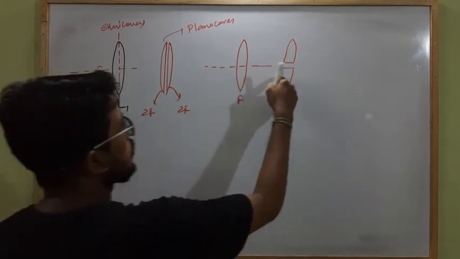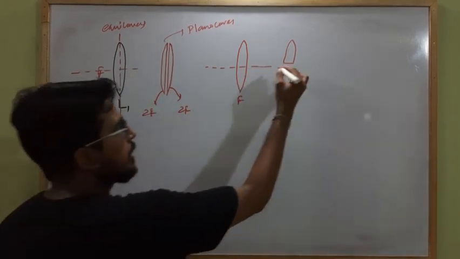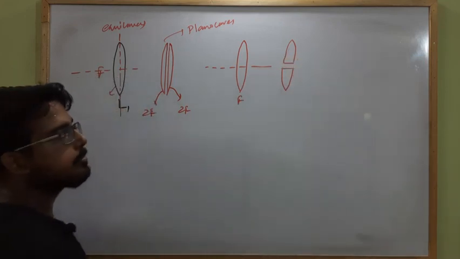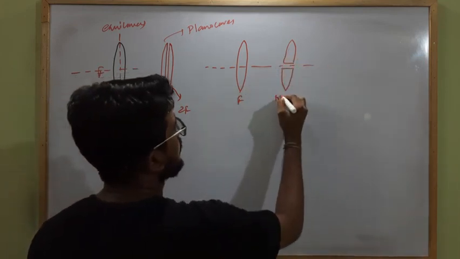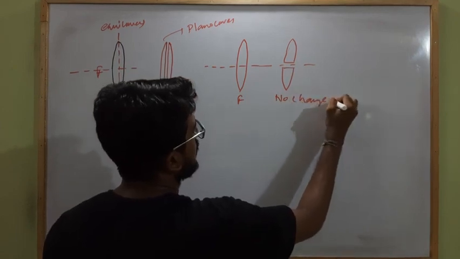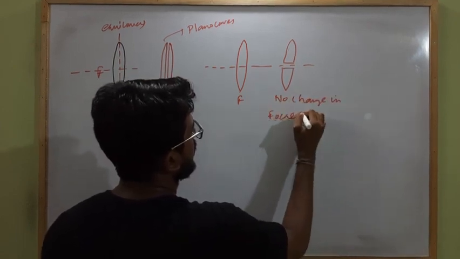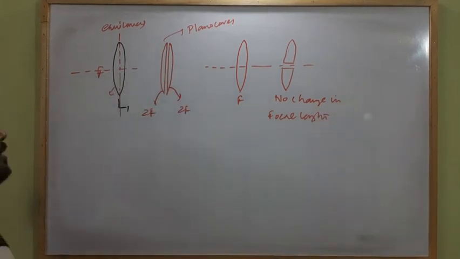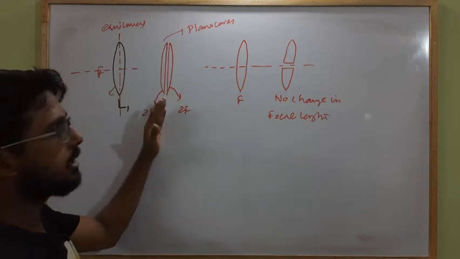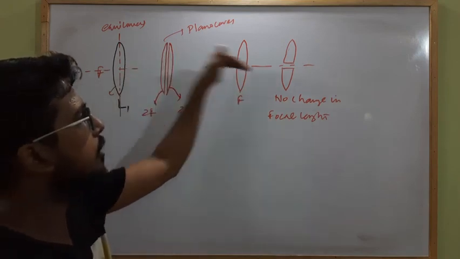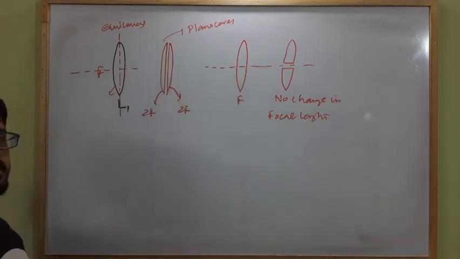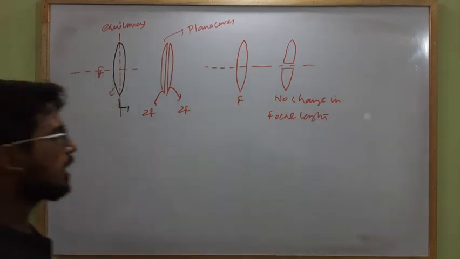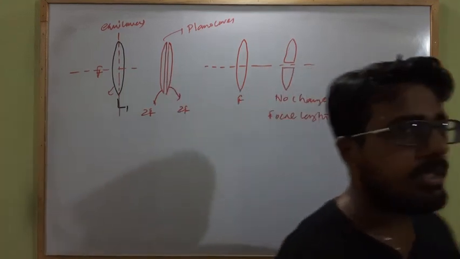Here both sides remain the same radius of curvature, because they remain the same part of the same sphere. So there will be no change in focal length. Clear? So if a lens is cut vertically, its focal length gets doubled. If it is cut horizontally, its focal length remains unchanged, because the radius of curvature remains constant. So this is how lenses change their focal length when they get cut.